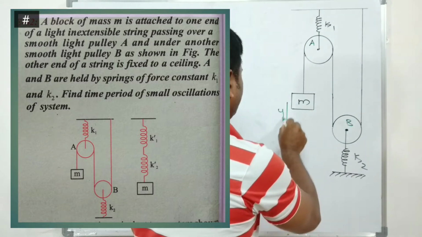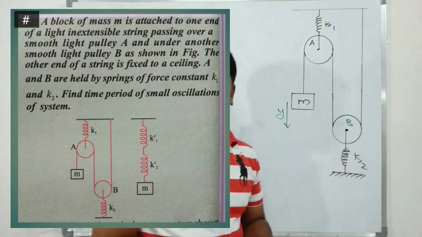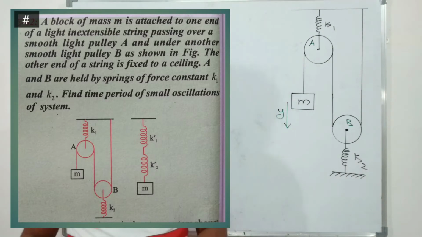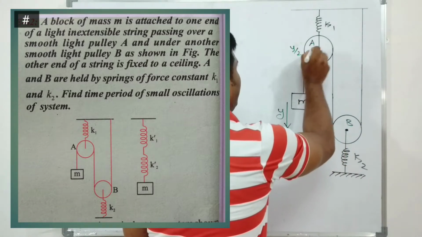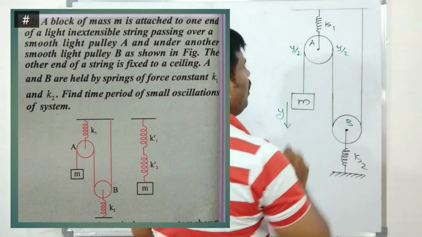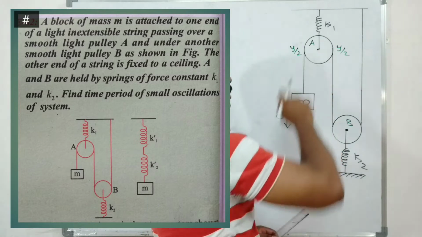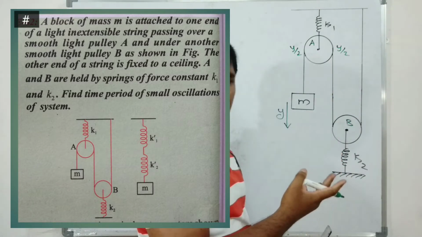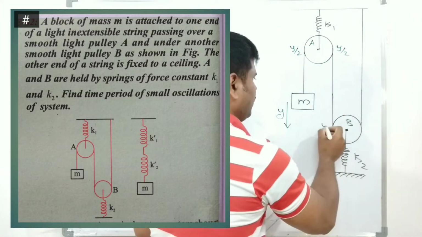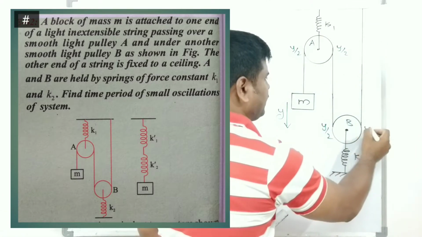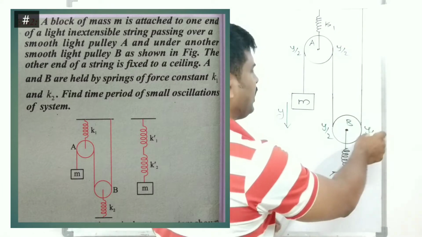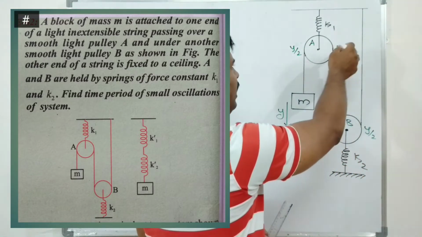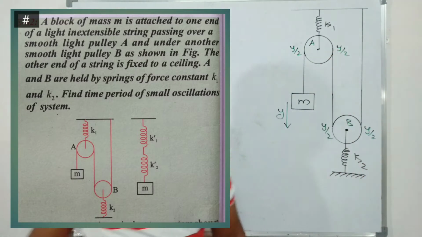The M block moves y, so this displacement is y by 2 and this displacement also y by 2. Pulley B also gets displacement y by 2. This is upward direction, this is also upward direction, this is downward direction.